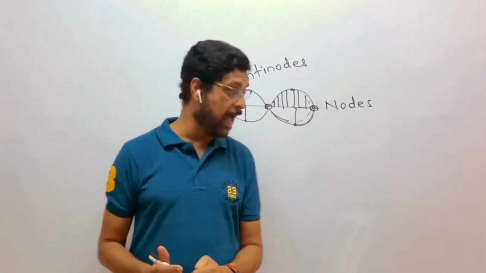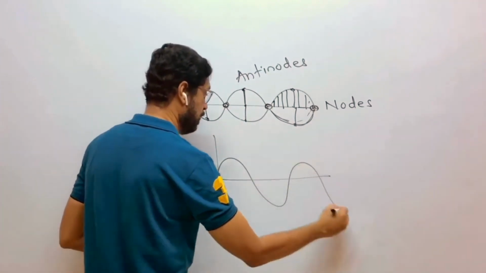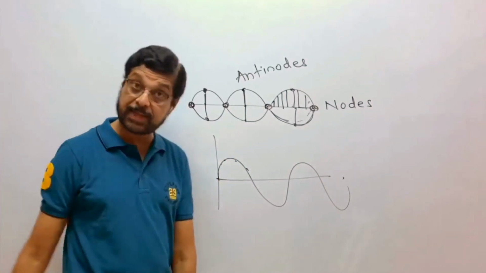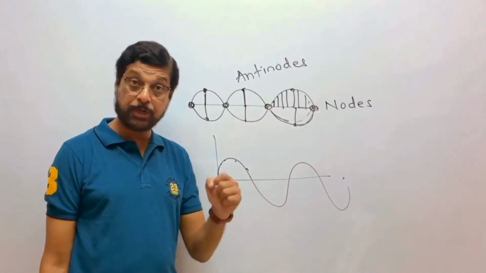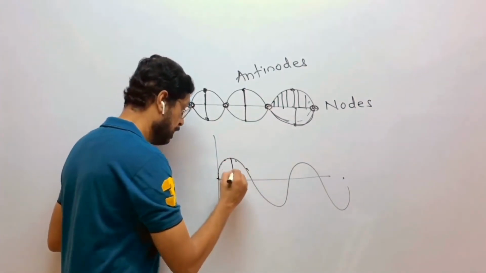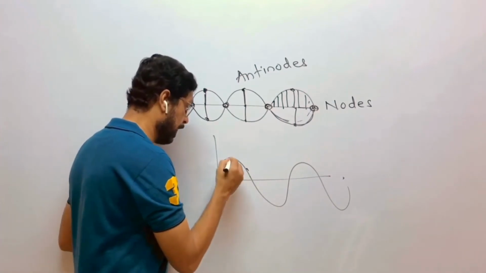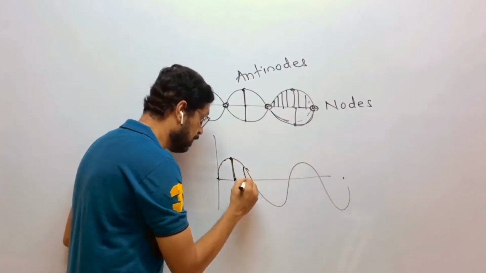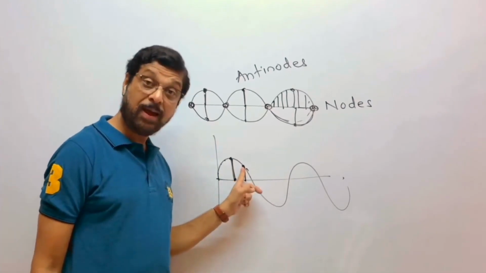Another difference is that in a progressive wave, the amplitude of every particle is same. मीडियम के हर पार्टिकल का एम्पलीट्यूड सेम है. जैसे ये है एम्पलीट्यूड, this particle has come up to here, यहां पर है, लेकिन वो यहां पर रहने वाला नहीं है.